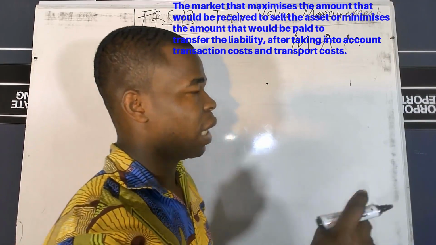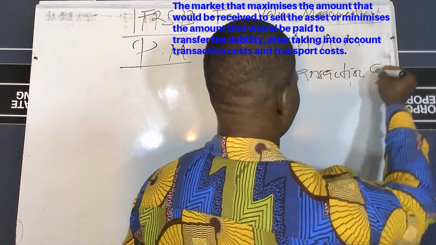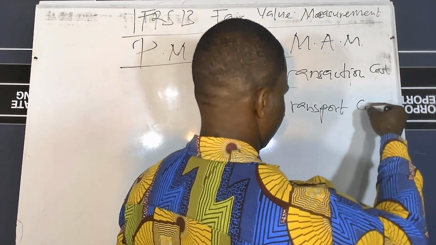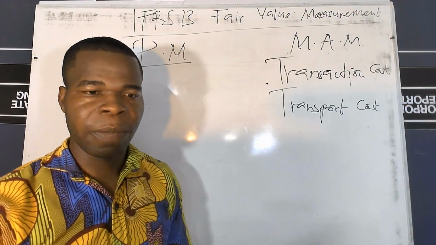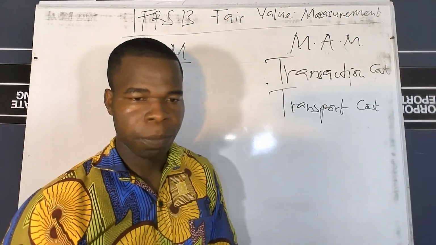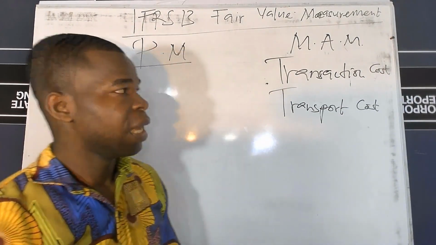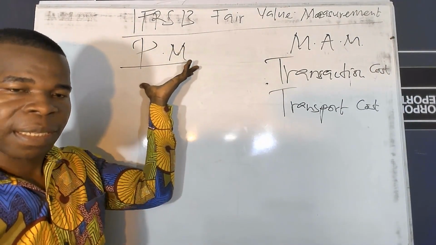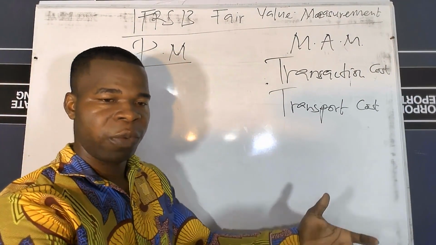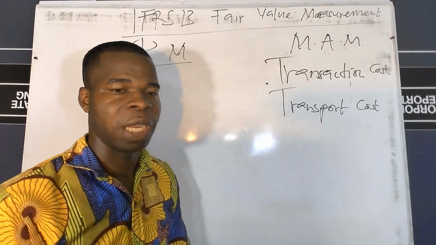So here we are looking at two costs: transaction costs, and then we also have what we call transport costs. So before one can determine the most advantageous market, you have to consider transport cost and transaction cost. What it simply means is that if a principal market is available, then the entity can easily get information on how to fair value each asset or liability.